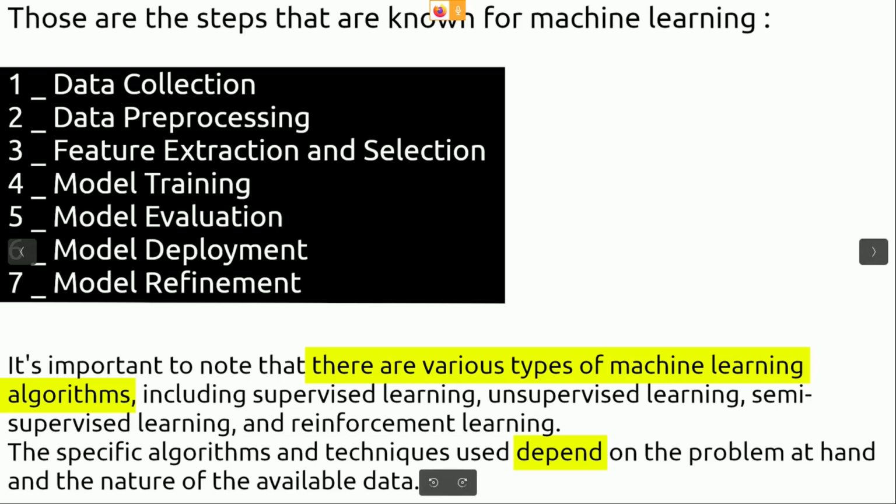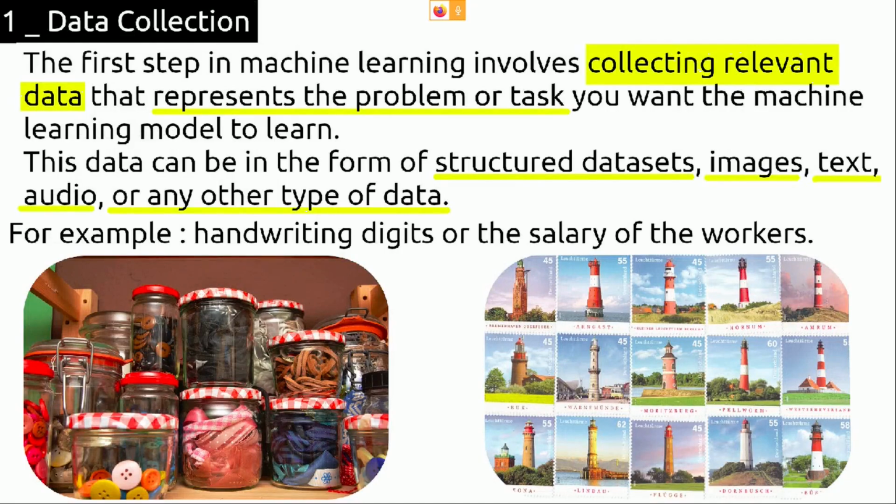So this is how it works. There is the data collection, data pre-processing, feature extraction and selection, model training, model evaluation, and model deployment. At the end, there is model refinement. Those are the steps for machine learning. And later on, I will discuss each of those separately. Okay, so let's start with data collection.